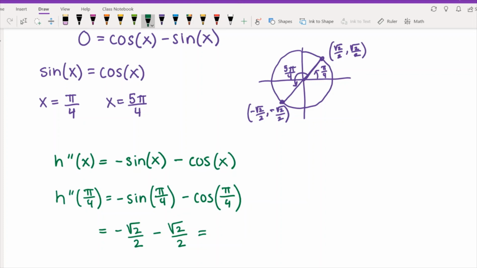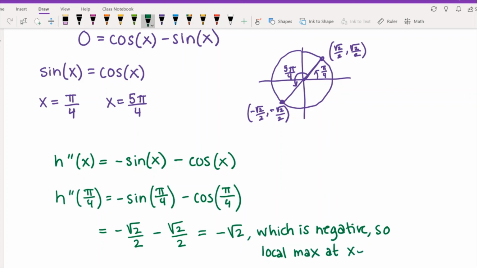But if you were to put these together, you would end up with negative 2 root 2 over 2, which is the same as negative square root of 2. So because this is negative, that tells us that the graph is concave down. And so that tells us that we have a local max at x is equal to pi over 4.